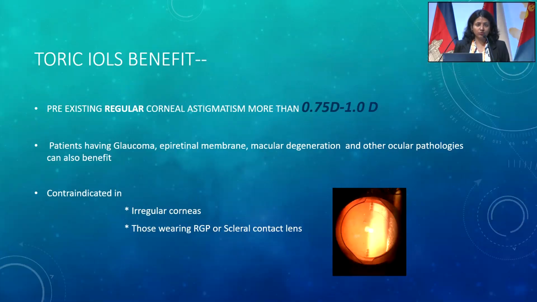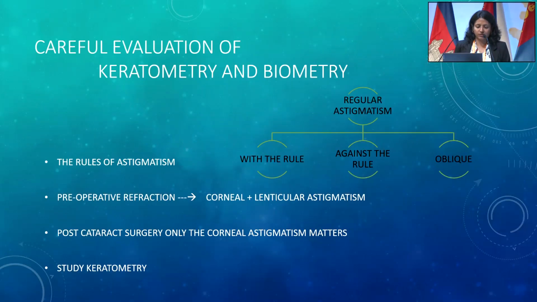And mind you, there are no contraindications to toric IOLs. So even patients with glaucoma, epiretinal membrane, macular degeneration can also benefit from toric IOLs, unlike the trifocals or other IOLs. But we have to be careful that if the cornea is irregular or the patient requires an RGP or scleral contact lenses, these patients are not good candidates for toric IOLs.